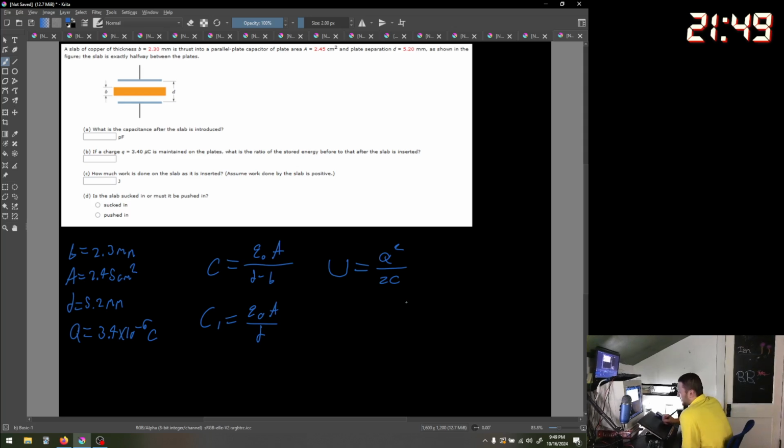So this one's going to be before and after ui is going to be q squared over 2ci. This one's going to be d minus b, this one's going to be d, so we already know what one is. The other is going to be, okay, we've got that.